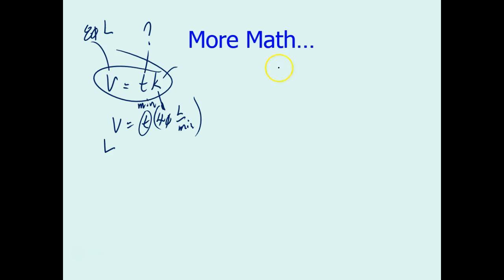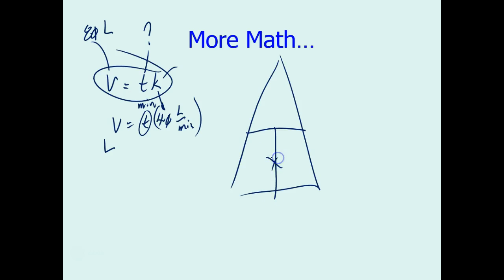Now if you're going to use your triangle or your circle, then the V goes up here, the T here, and the K there, okay? And if you're looking for time, time is equal to V over K. Or you can divide both sides by K, and the K's go out, and you have T is equal to V over K. However you do that.